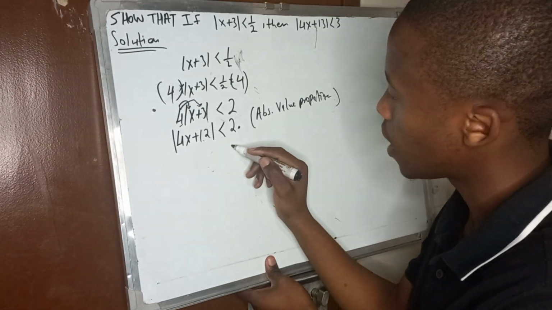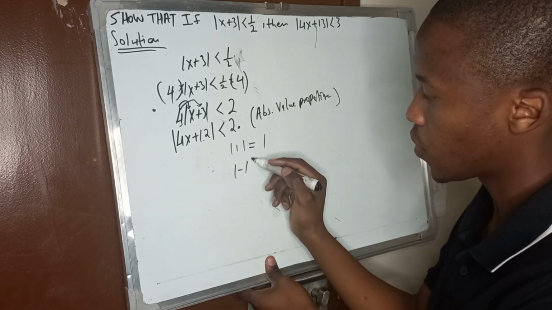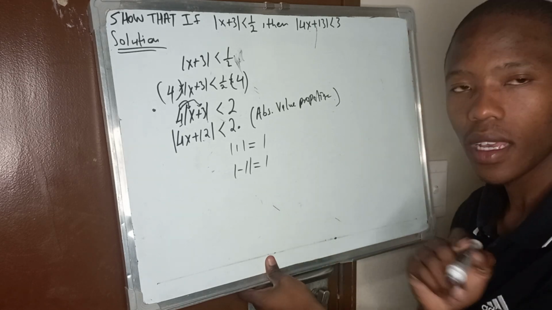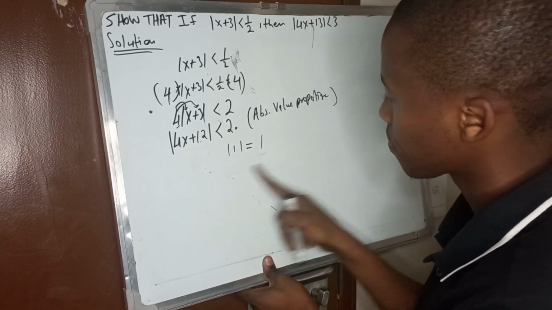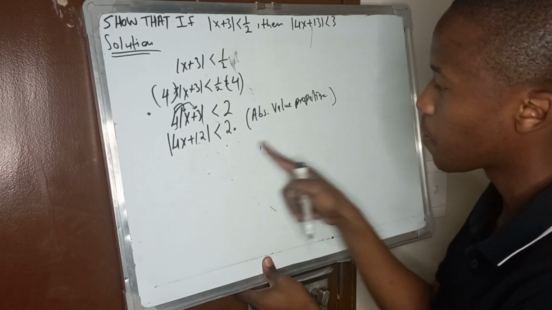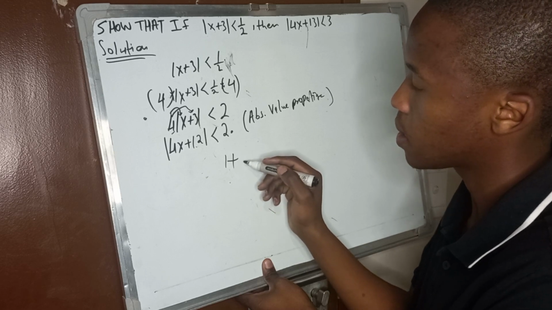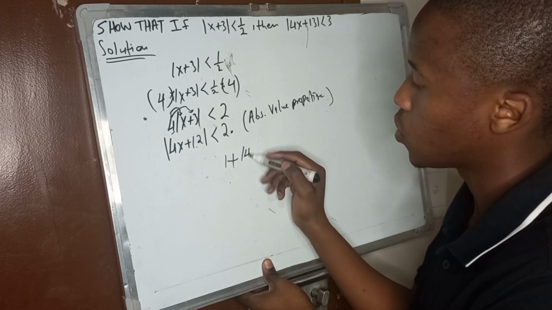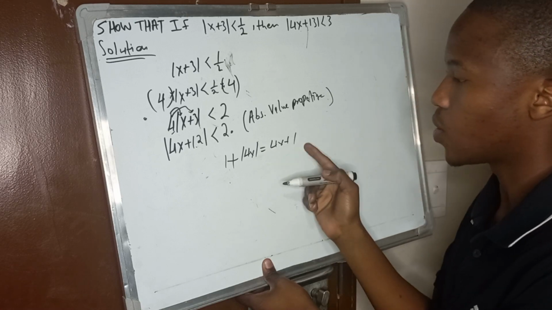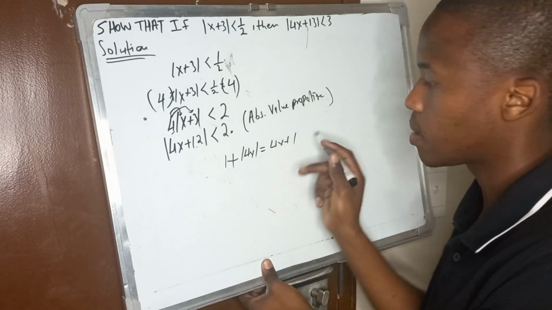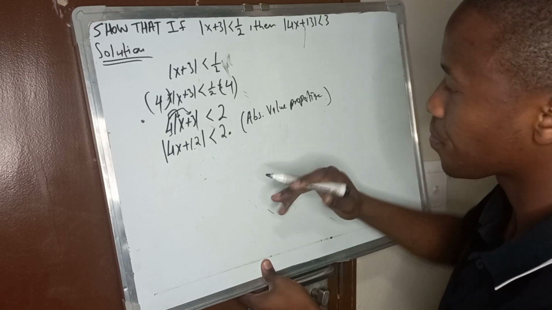Remember, the absolute value of 1 is equal to 1, and the absolute value of -1 is equal to 1. I cannot say that 1 plus the absolute value of 4x is equal to 4x plus 1; I cannot conclude that.